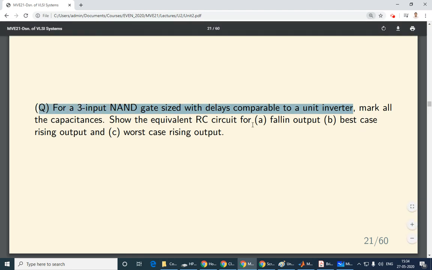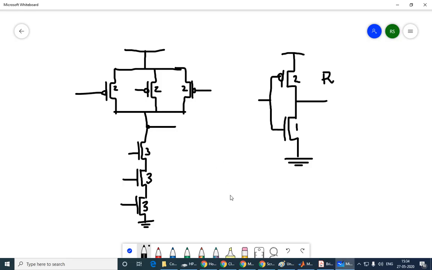Next part, we have done this before. Mark all the capacitances. Go back to this diagram. Now we have multiple capacitances. Like I said before, important thing to remember, 3 capacitances per transistor. And if they are connected between the same terminals, then there is no need to mark them like we were doing before.